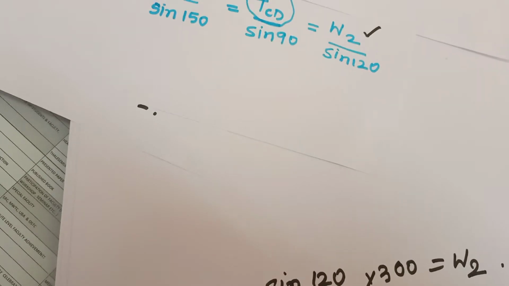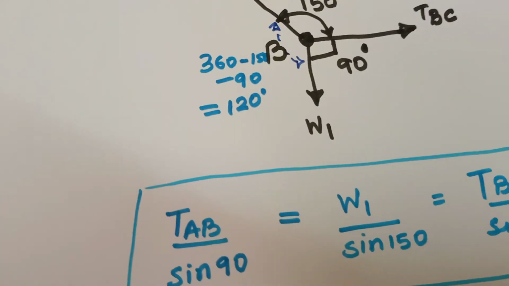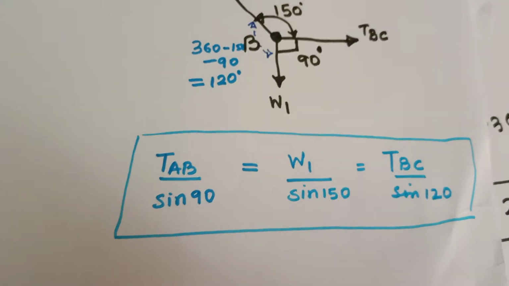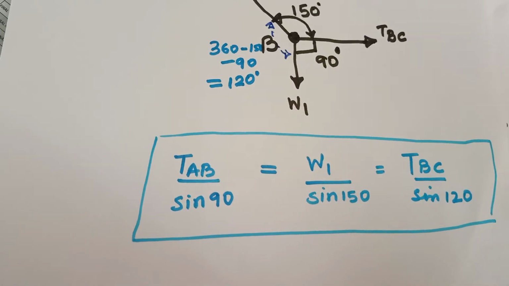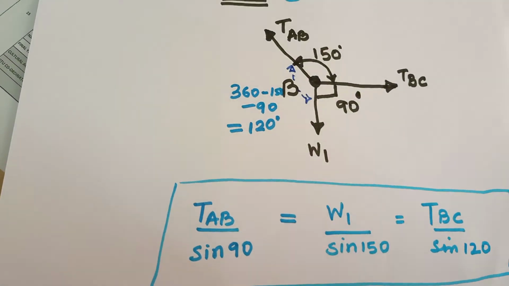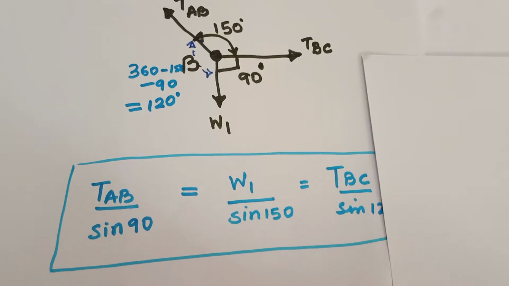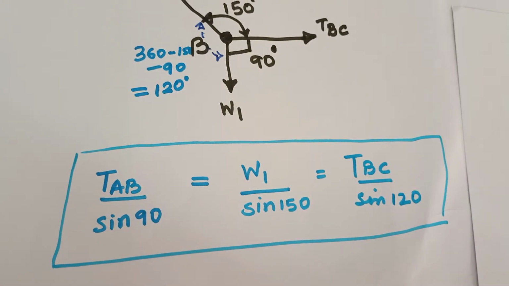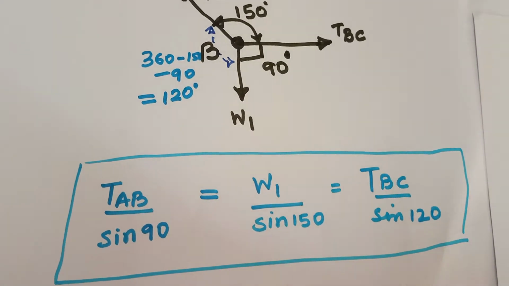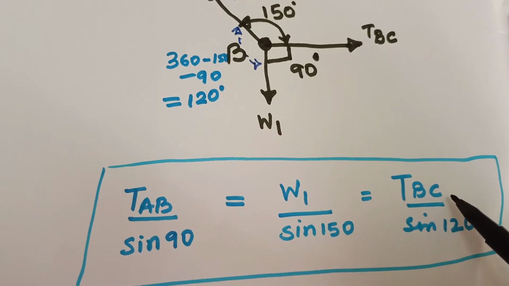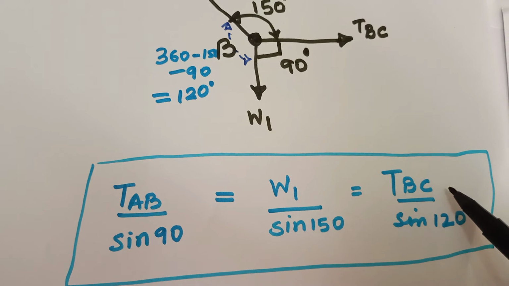Now we will come to our first equation. What is our first equation? The first equation is TAB upon sine 90 is equal to W1 upon sine 150 is equal to TBC upon sine 120. So we have already calculated TBC, that is 150 newtons.